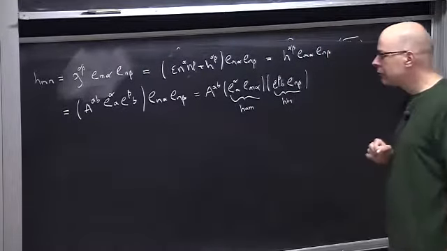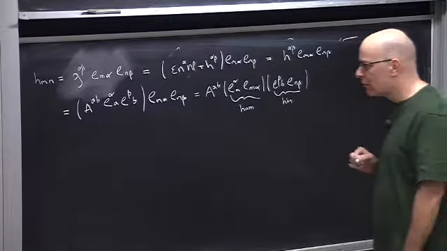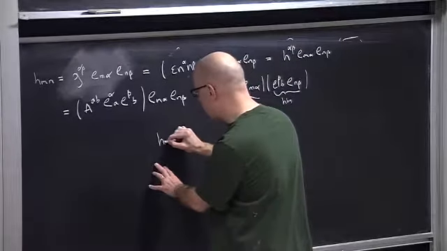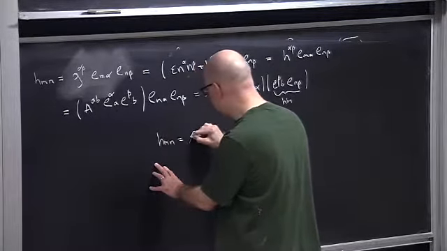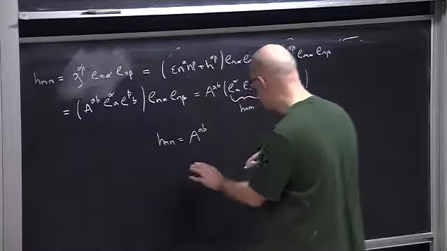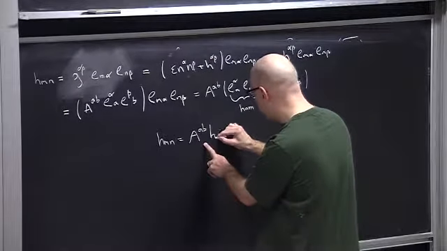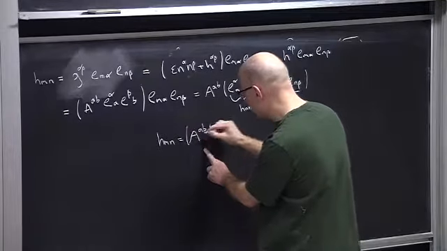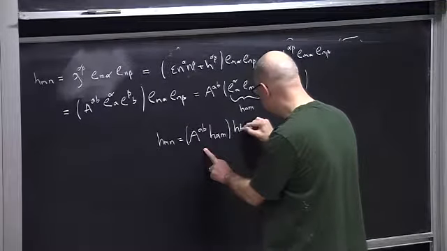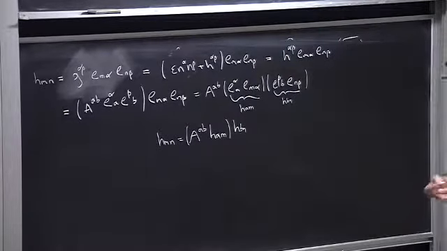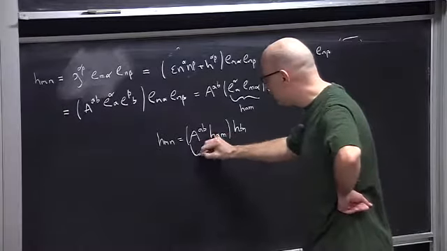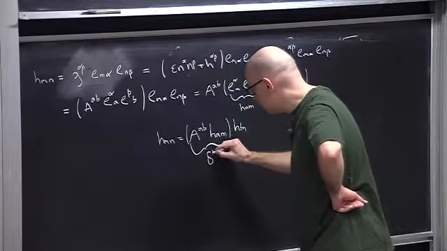So what do we have? We have the equation that H_{MN} is whatever that A^{AB} is, multiplying H_{AM} and multiplying H_{BN}. And in order for that to be consistent, that has to be equal to this.